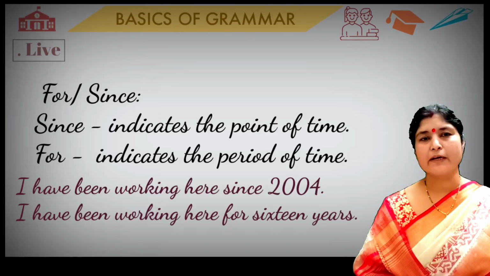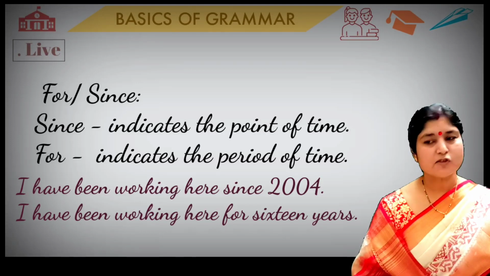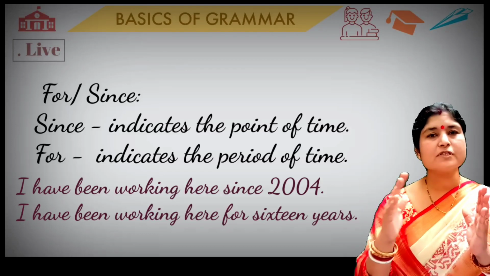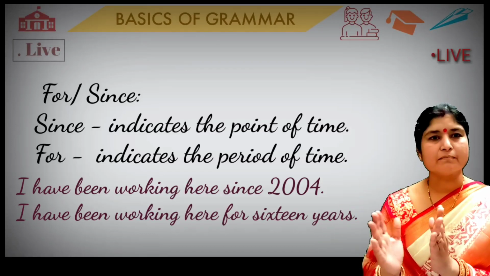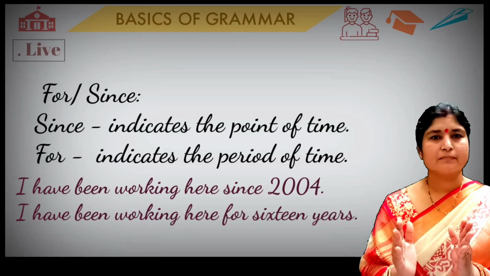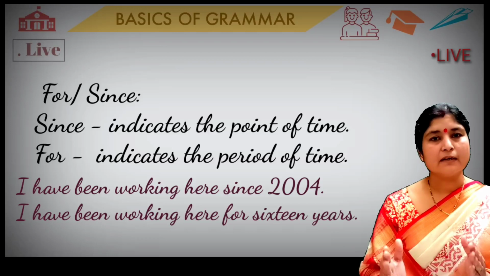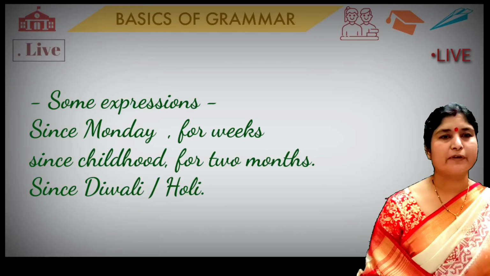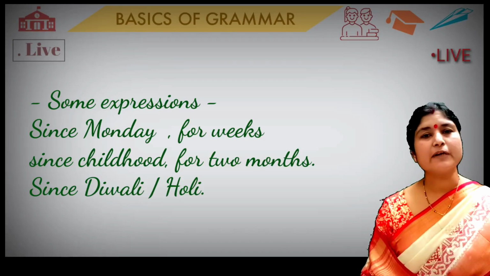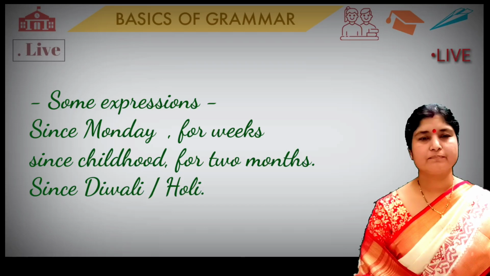I have been working in this institution for 16 years. In the first sentence, I have used since 2004, a point of time, an exact time. But when I talk about 16 years, I have given the period of time. So "for" is always used with the period of time and "since" is always used with the point of time.